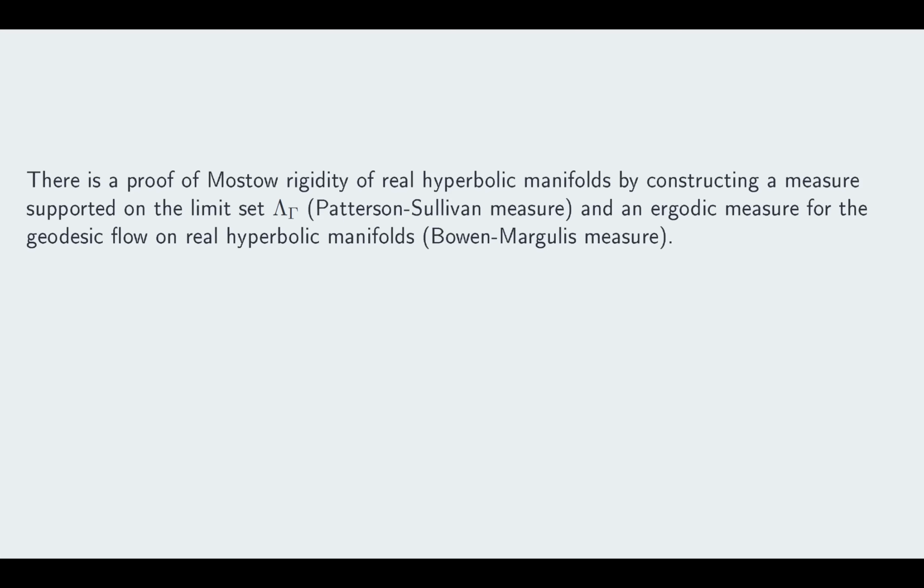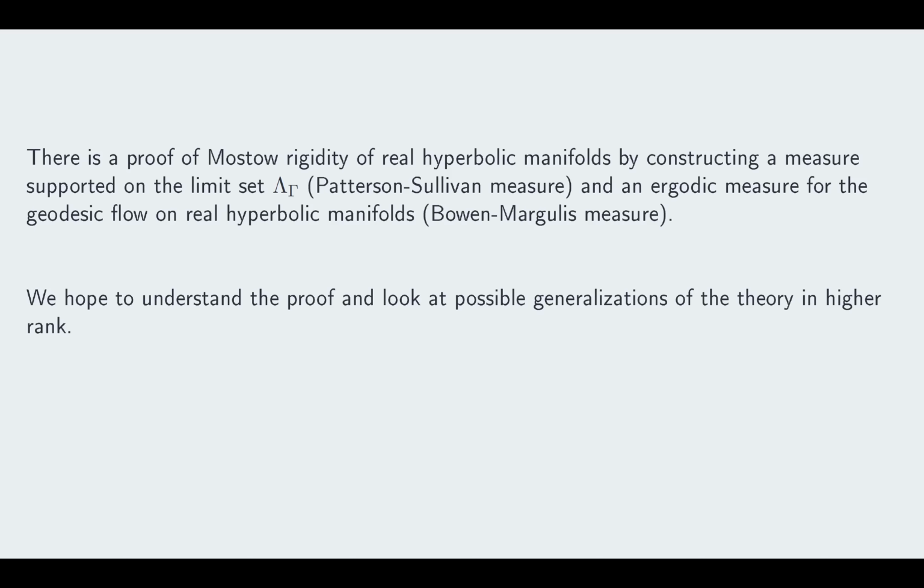We wish to understand that proof and possibly generalize the theory. Maybe we will not be able to prove modularity of higher rank symmetric spaces using Patterson-Sullivan measures, because higher rank will have different properties. They will not be CAT(-1).